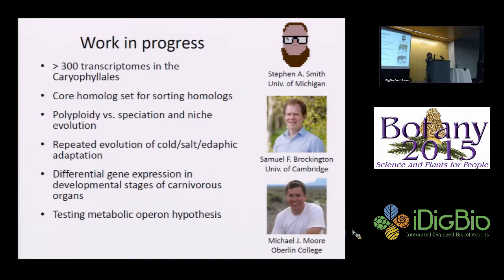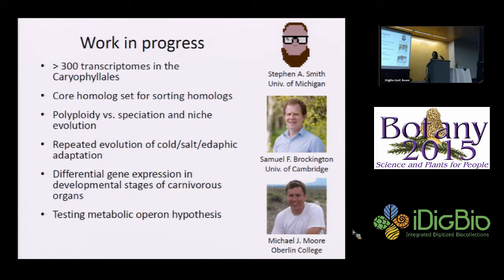This is a work in progress. Currently, we are increasing our taxon sampling through fieldwork and botanical garden collection. We're targeting over 3,000 transcriptomes in the Caryophyllales. We also use a slightly different method of building a core homolog set for sorting the rest of the homologs.